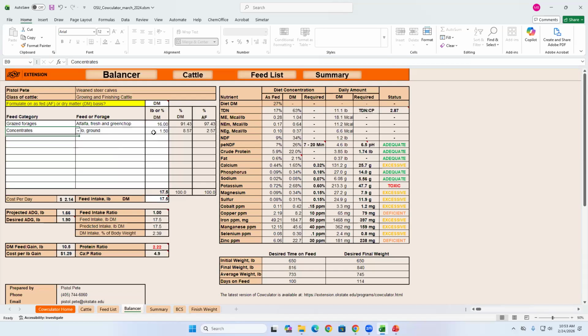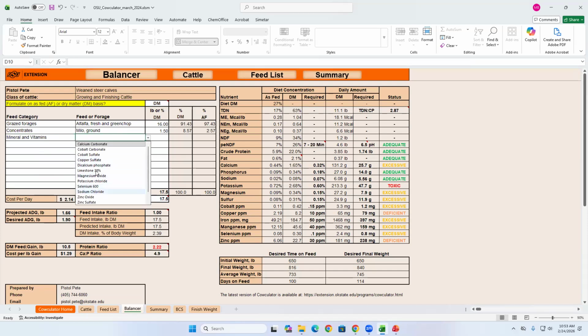So I add this 1.5 pounds of ground Milo, still deficient in zinc, still deficient in copper. I am adequate in sodium. So I can go here, mineral and vitamins, deficient in copper. So we can use copper sulfate.